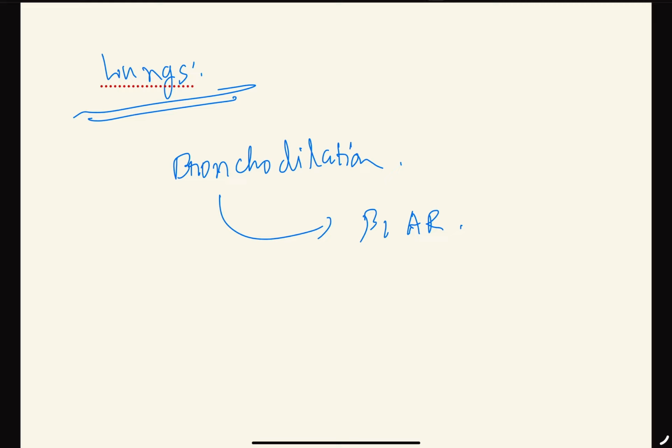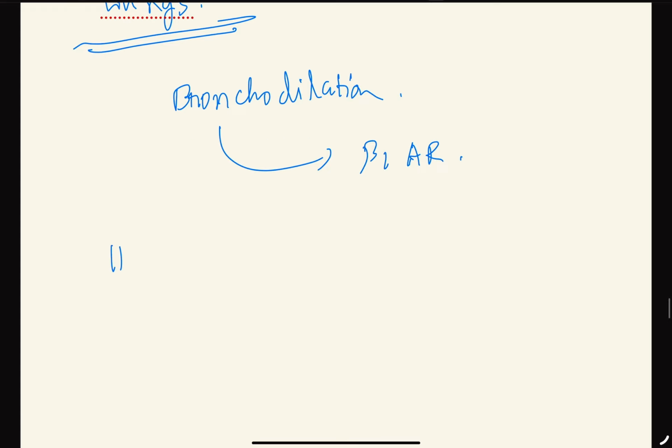Okay. What about the heart? In the heart, I've talked that it has beta 1 receptor.